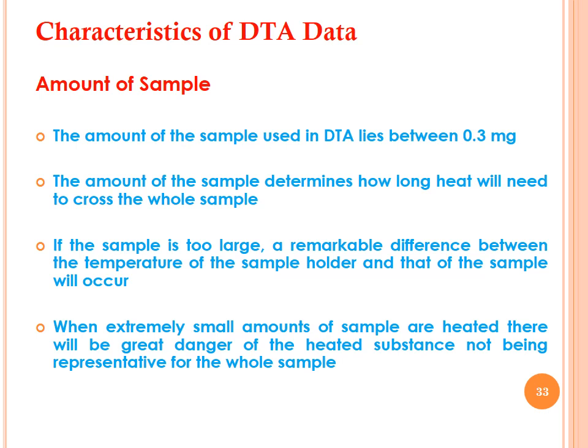If the sample is too large, a remarkable difference between the temperature of the sample holder and that of the sample will occur. When extremely small amounts of sample are heated, there will be a great danger of the heated substance not being represented for the whole sample. It will not be a representation of the whole sample that is under observation.